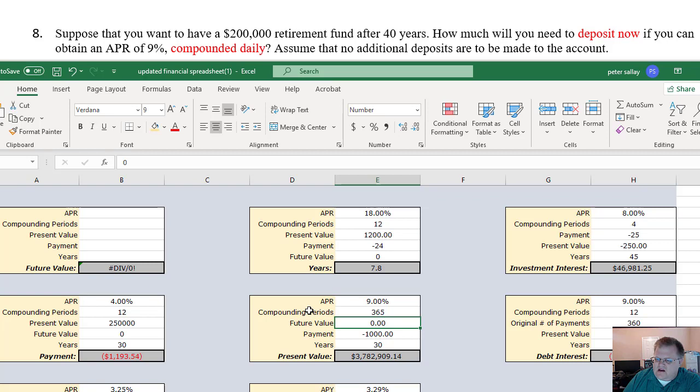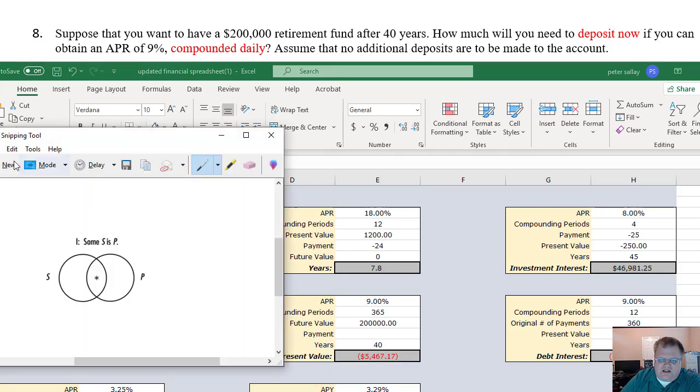So that's my compounding. My future value is that 200,000 that we want to have set aside. I don't have any money that I'm setting aside here, and I want this in 40 years. So the magic amount that I need to set aside now is $5,467.17.